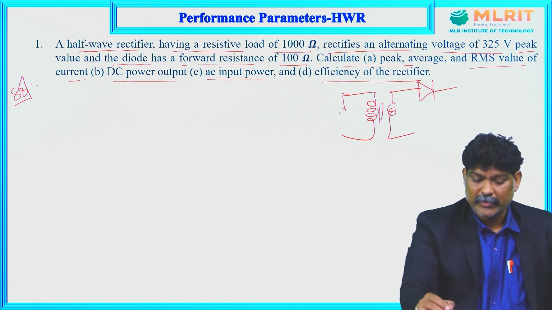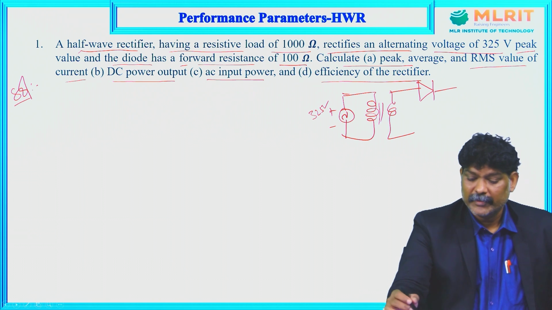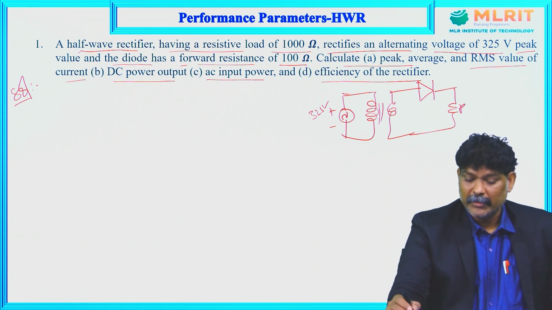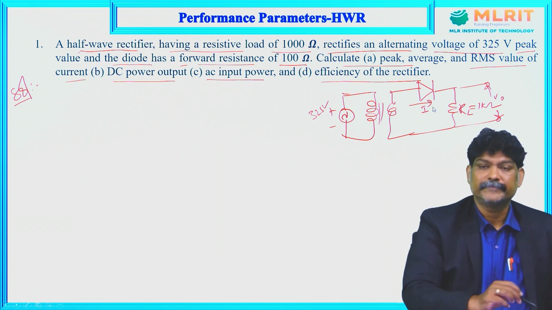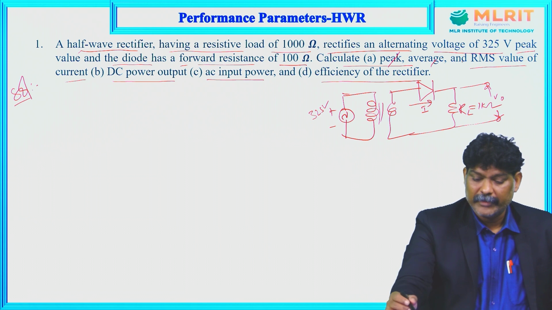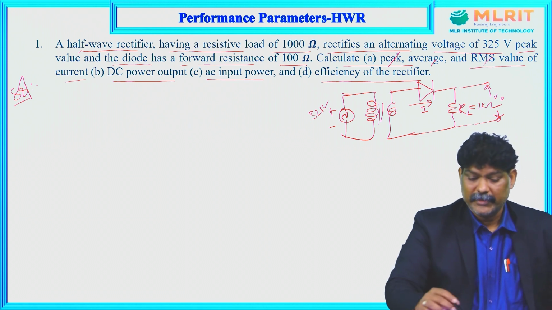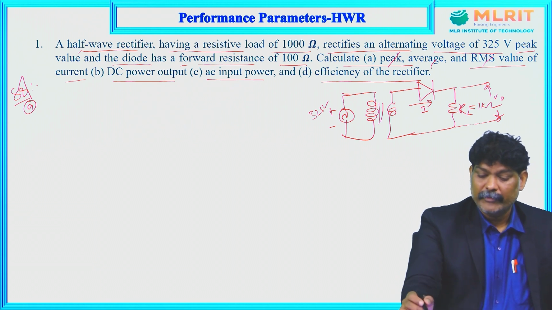So first we have to draw the AC supply, and this AC supply has maximum voltage of 325 volts, and here you will have load resistor RL, which is given as 1 kilo ohm, and across this we have to measure the output voltage and the current I flowing through it. Here we have to calculate the peak, average, and RMS values of the current. First bit, A bit, you have to calculate peak value, average current, and RMS current.